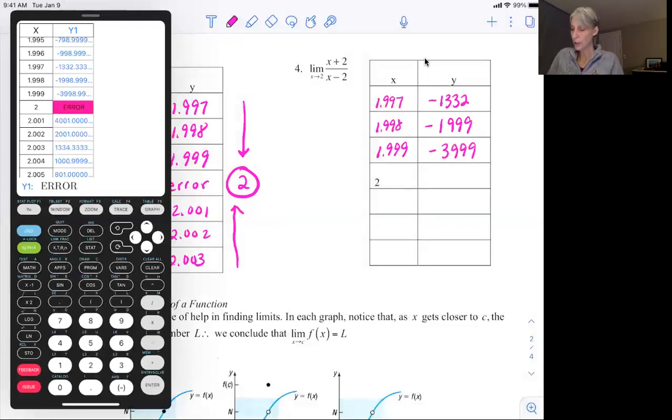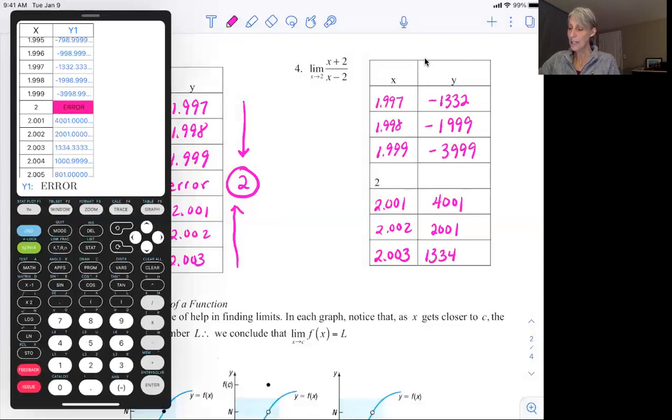When I'm bigger than 2, my x values, when I plug in 2.003, I get positive 1,334, 2001, 4001.